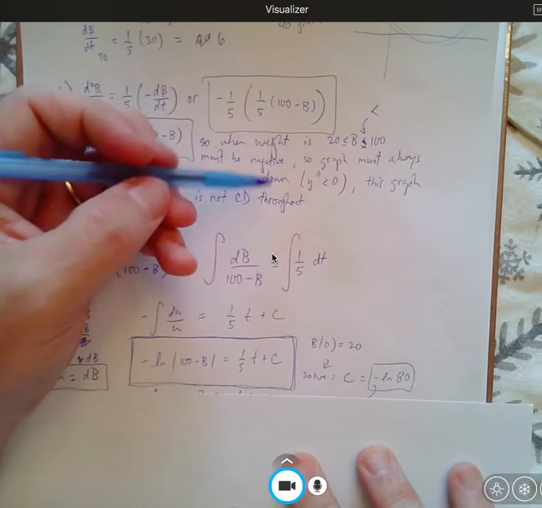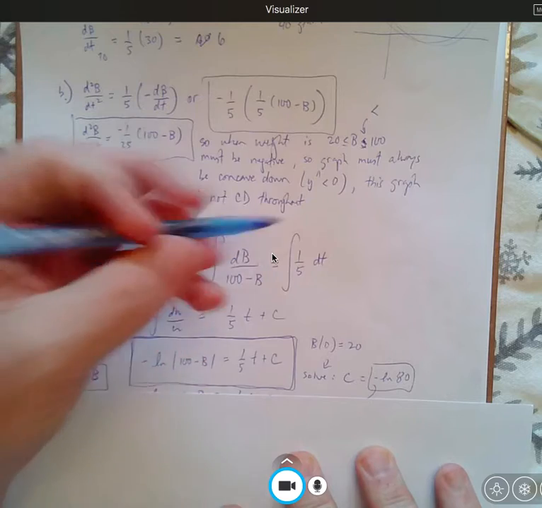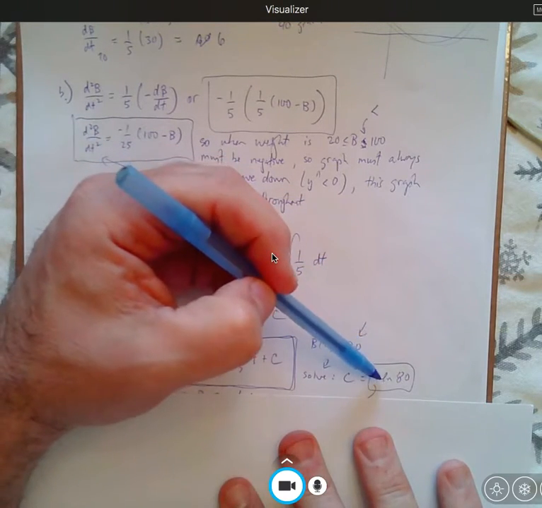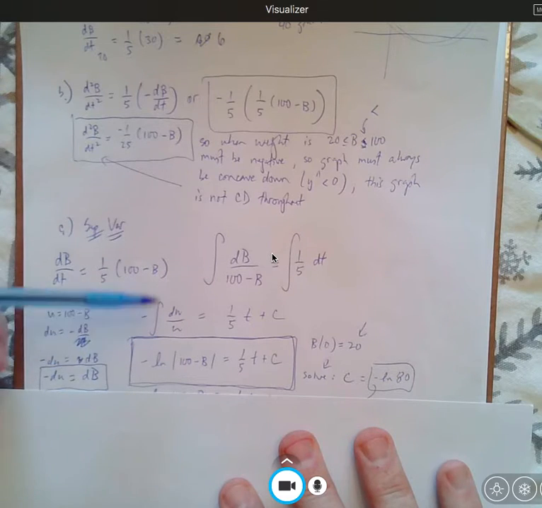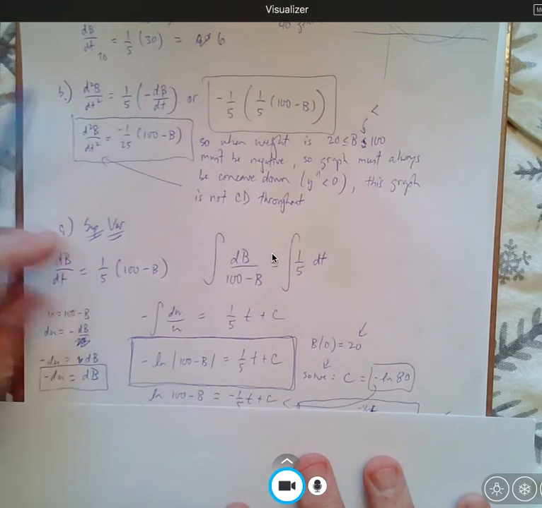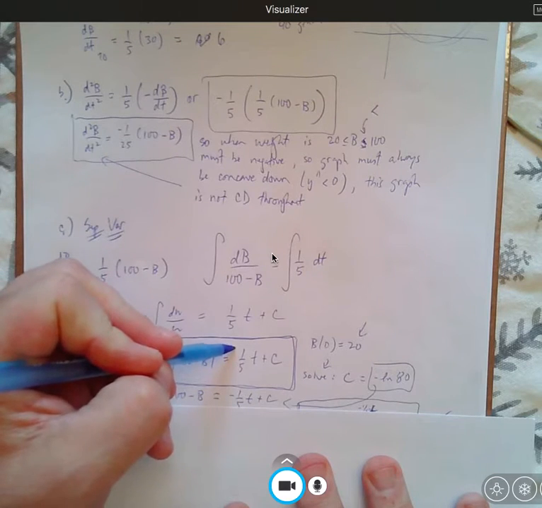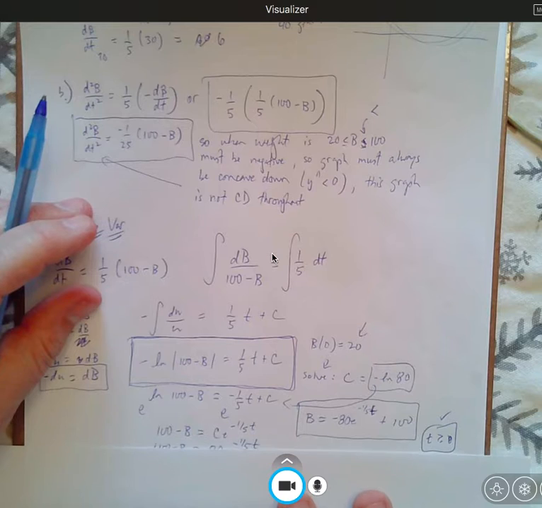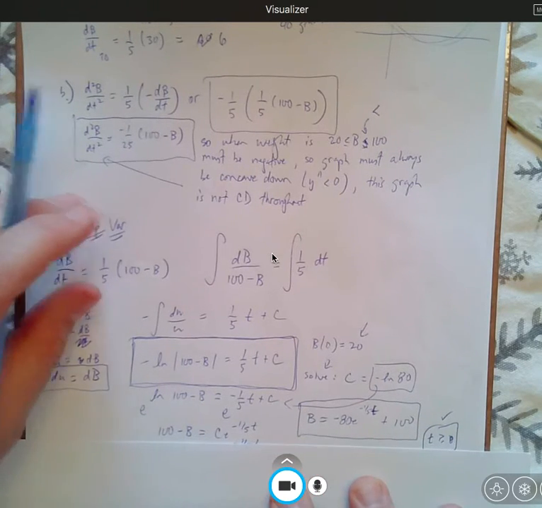I've taught that you solve for C right away, and if you do that, you get the natural log of 80. You could take the negative and divide the negative through, and remember it's still a plus C, and then take the e of both sides, and that will get you to this problem.